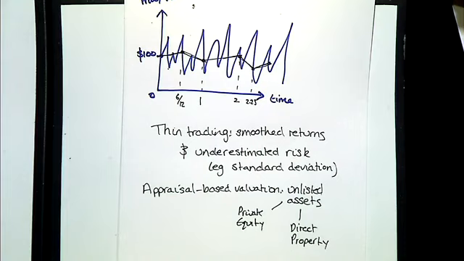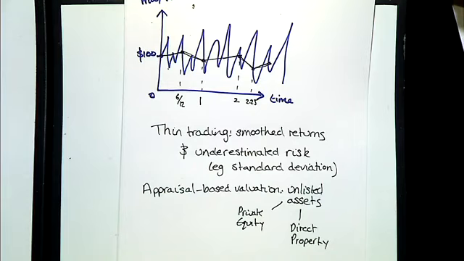So let's take something like direct property. What tends to happen with direct property is that a fund will purchase direct property and hold it for a long period of time. What they'll do is each quarter they will get someone in to value the property at that point in time. Now, often these funds can have a large portfolio of property, so they're not going to get the valuer to value everything at once.